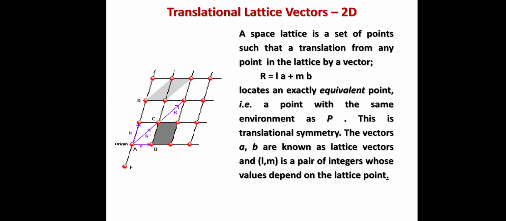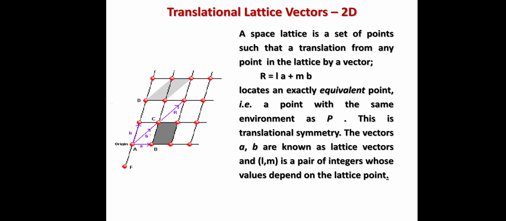Translation lattice vector. So a space lattice is a set of points. In this diagram you are observing just two dimensions, only x and y coordinates. So a space lattice is a set of points such that the translation from any point in the lattice is represented by a vector.